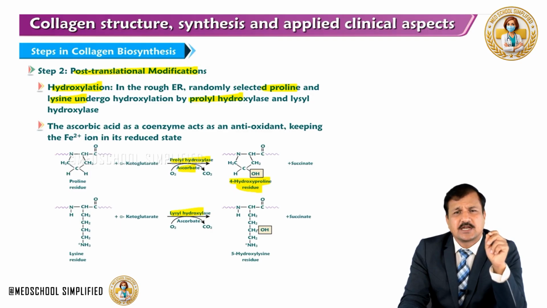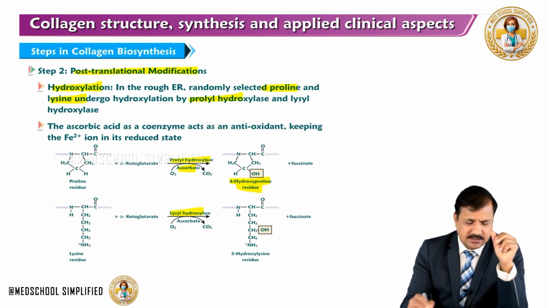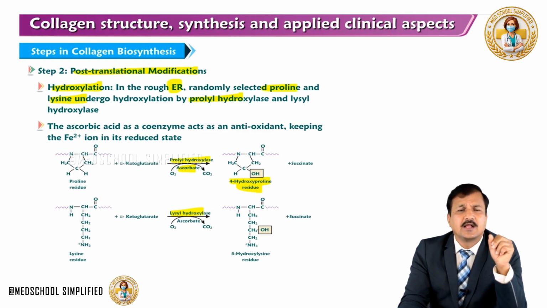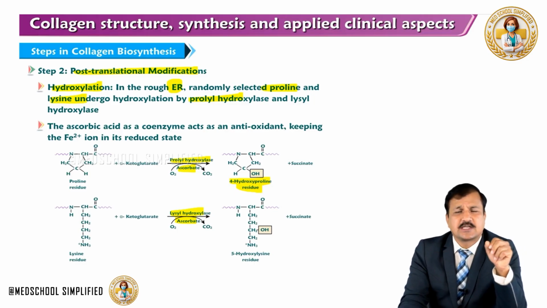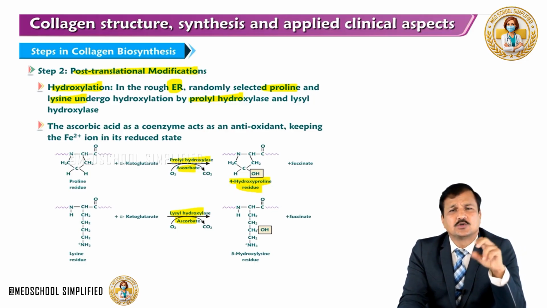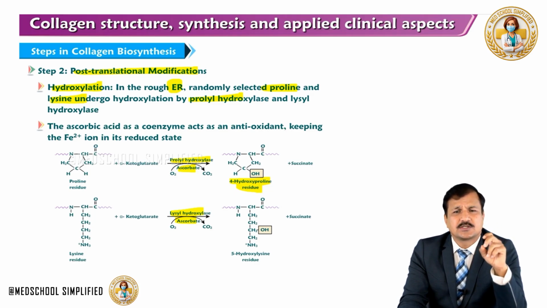The reaction is catalyzed by prolyl hydroxylase, located in the lumen of the rough endoplasmic reticulum. Similarly, lysyl hydroxylase converts lysine into hydroxylysine. Importantly, remember that ascorbate is a coenzyme that acts as an antioxidant, keeping the ferrous iron in its reduced state.